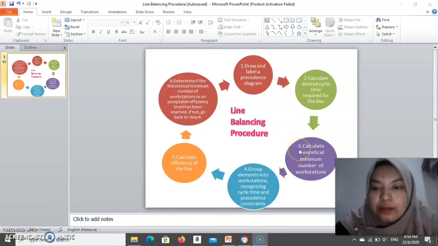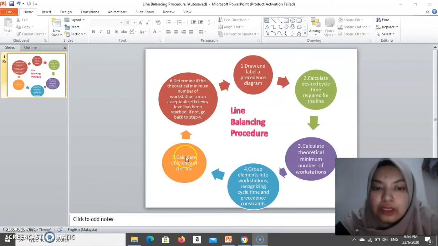The third step is calculate the theoretical minimum number of workstations. The formula is the sum total of tasks divided by the cycle time. Step 4 is group elements into the workstations, recognizing cycle time and precedent constraints.